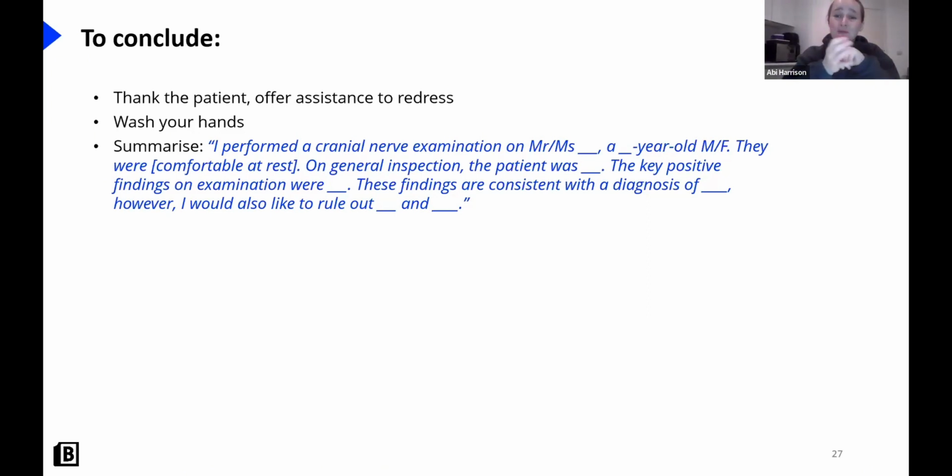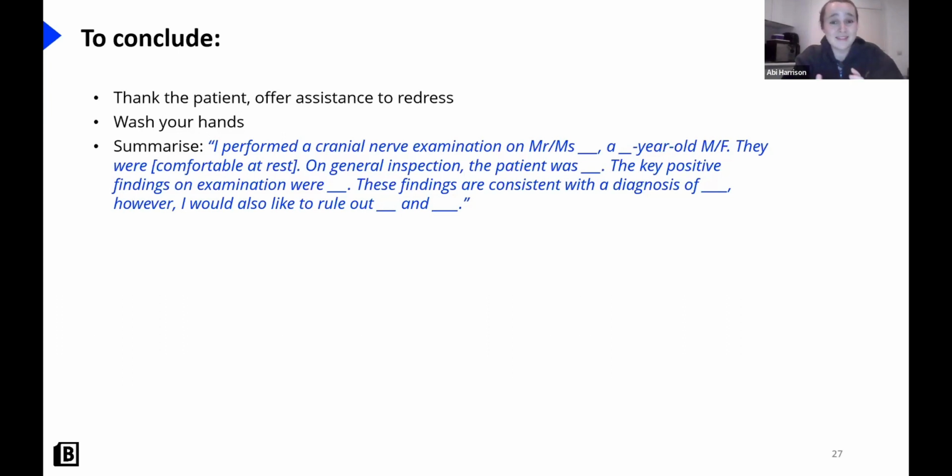I think the problem with that is that you can lose the positive findings amongst all the things that were normal, and it doesn't lend itself well to synthesizing your findings into a working diagnosis. So the way you should do it: I performed a cranial nerve examination on this person. That's a really nice, easy sentence that you can say without really thinking, and start to think about the next things you're going to say.